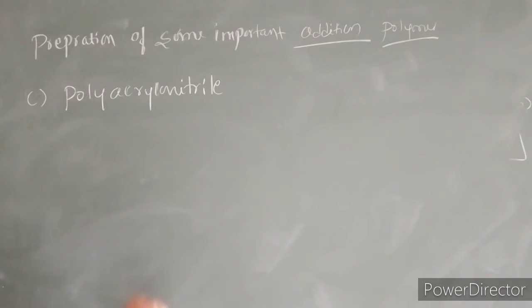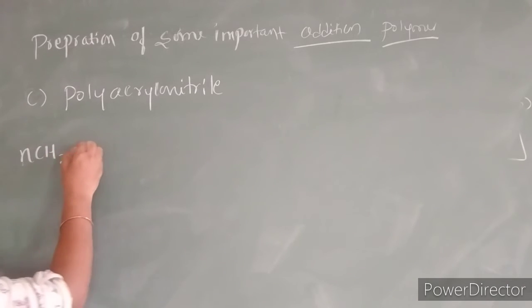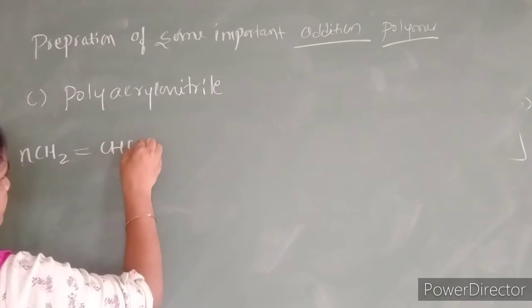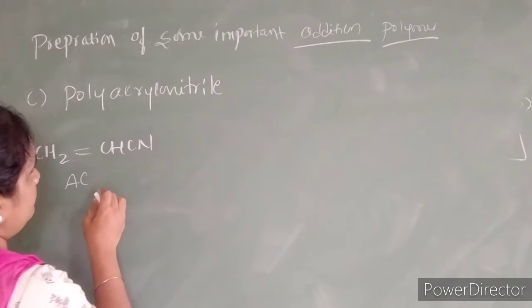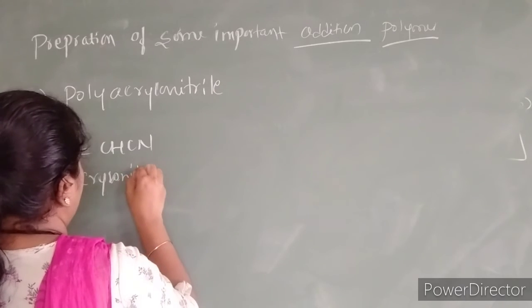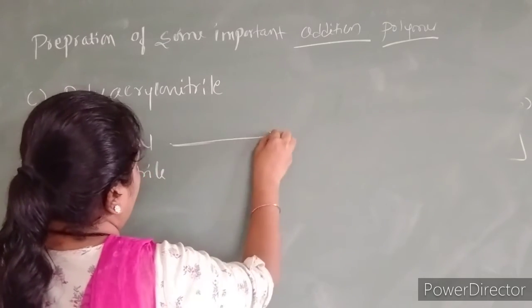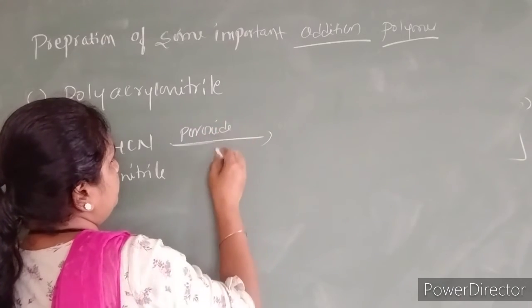This is also an addition polymer. Here acrylonitrile undergoes polymerization reaction in presence of a peroxide catalyst.